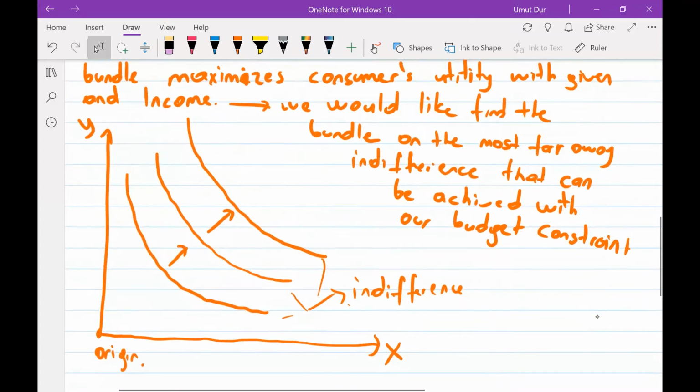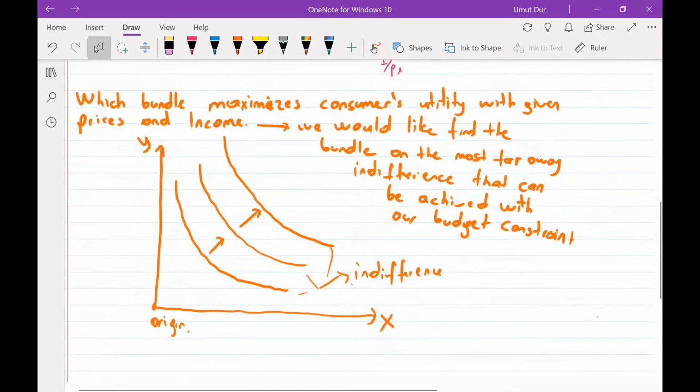Let's say that our budget constraint is this red one. This is the budget constraint.